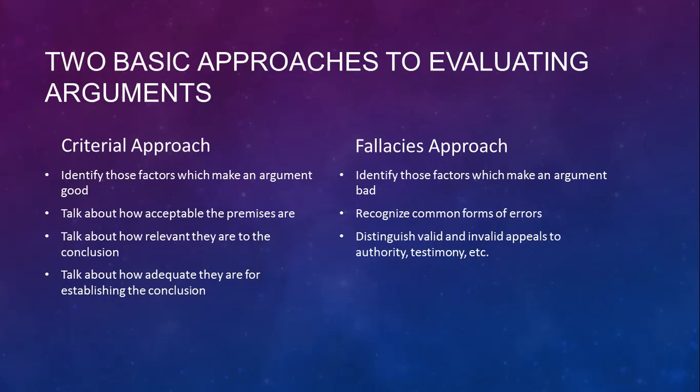The bad cop is the fallacies approach, where we talk about the things that make arguments bad, the typical errors that are made in arguments. We're going to learn to recognize the common forms of error and distinguish valid and invalid appeals to authority, appeals to testimony, that kind of thing. Okay? So that's the broad approach.